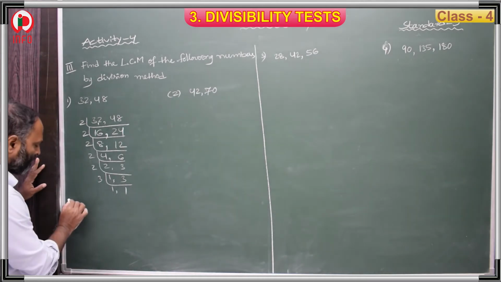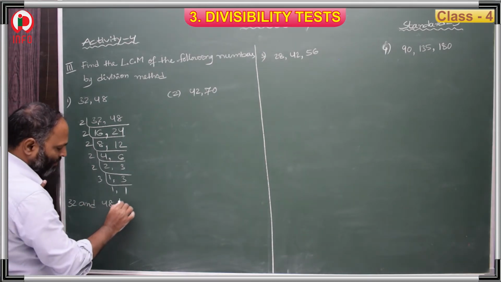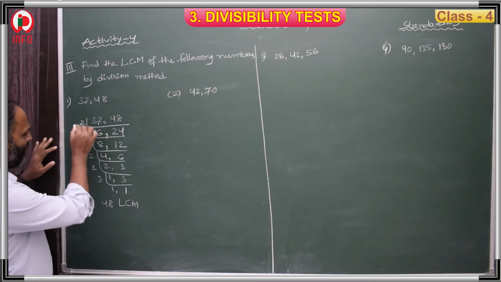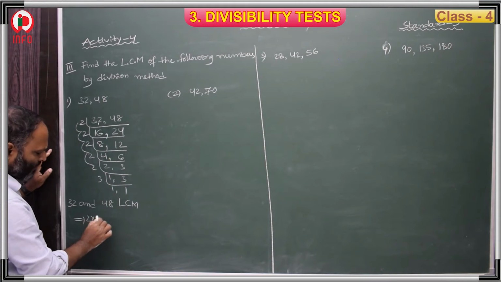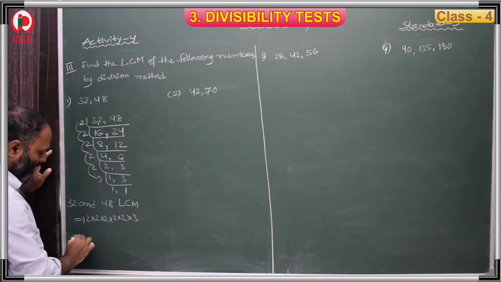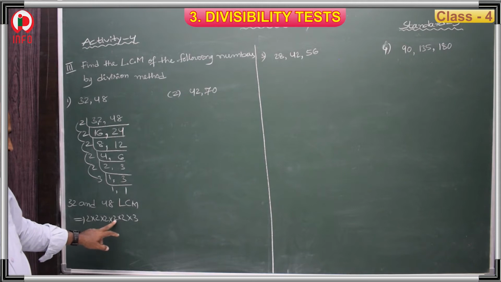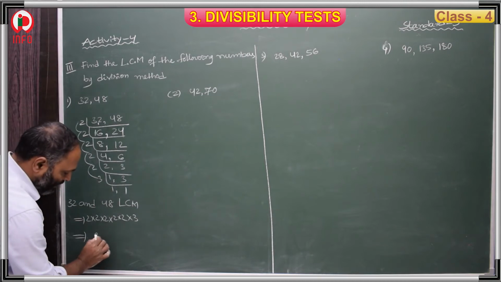Then the LCM of 32 and 48 is equal to the product 2 into 2 into 2 into 2 into 2 into 3. Now multiply: 2 twos are 4, 4 twos are 8, 8 twos are 16, 16 twos are 32, and 32 threes are 96.